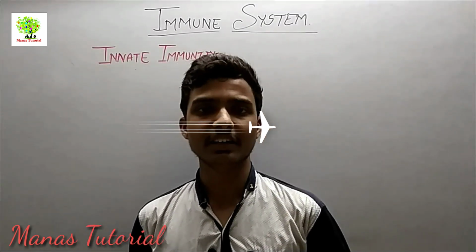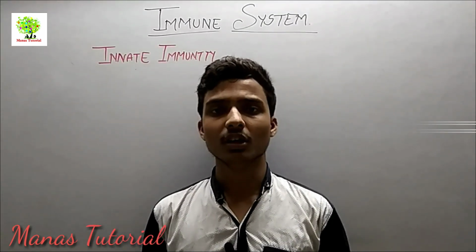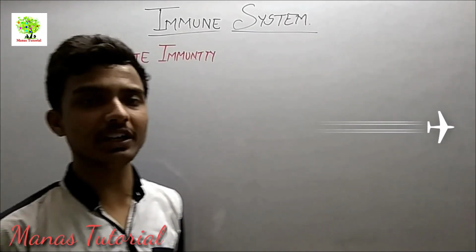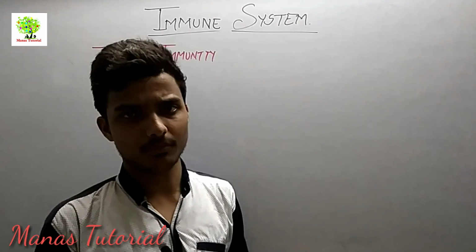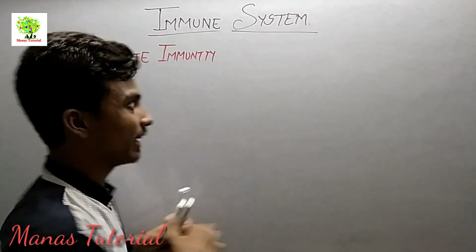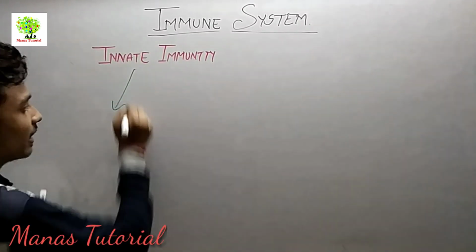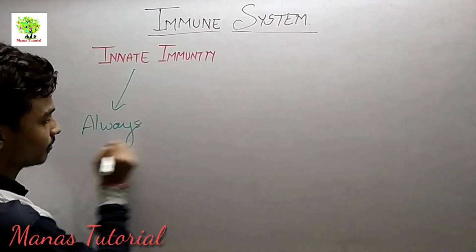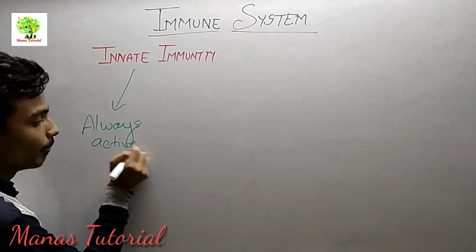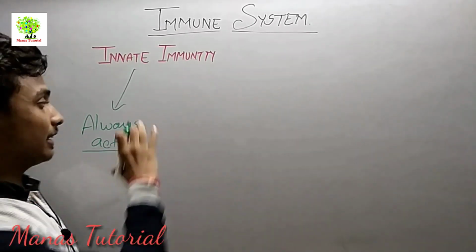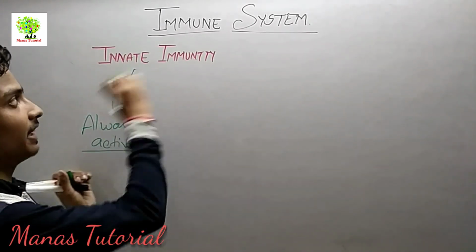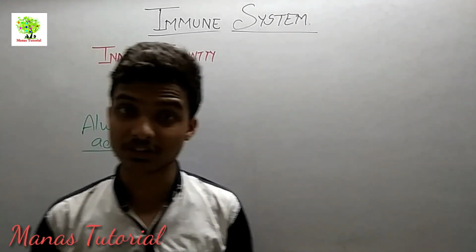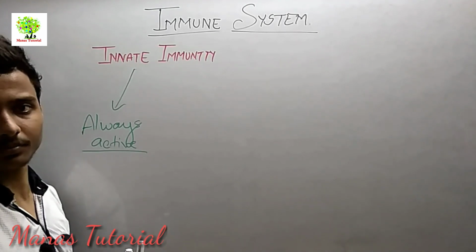First we are discussing innate immunity. Innate immunity works in two ways. The first way is the always active type, meaning the cells of this innate immunity system are always present in circulation and always active.